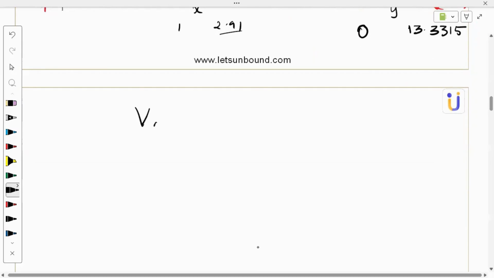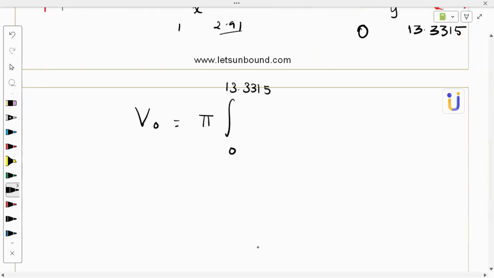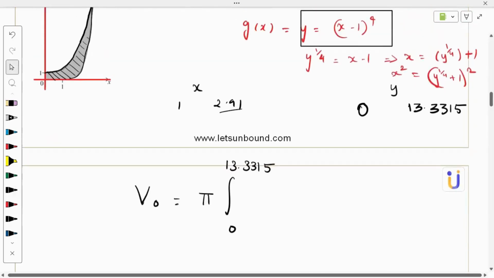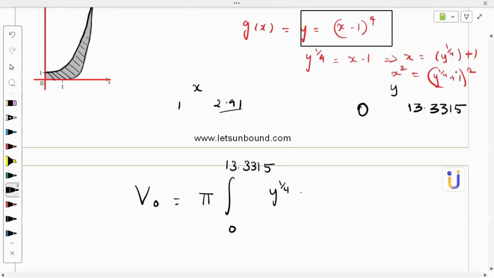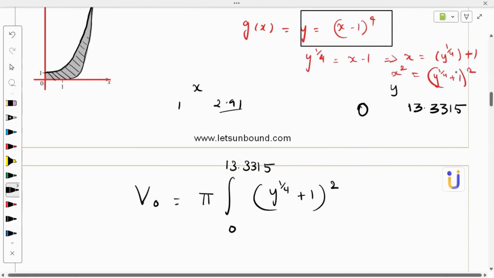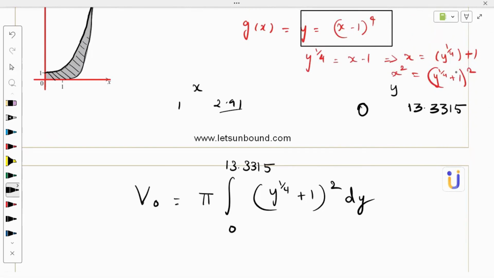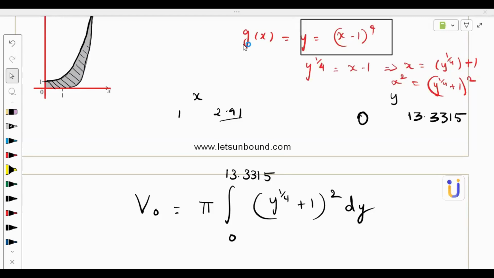This completes the volume of outer surface: pi integral 0 to 13.3315, and the x square is converted into the form of y, y power 1/4 plus 1 the whole square dy. Again, with the help of GDC, we can solve this one. Hope it might be clear.